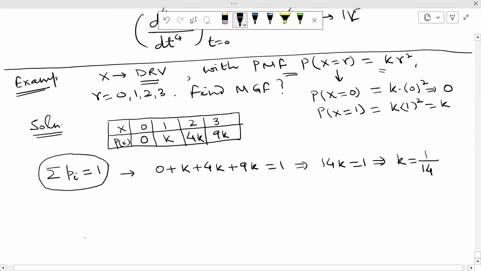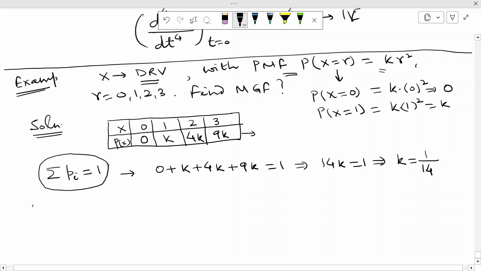So this is the value of k, the unknown involved here. Once we have this value, we have a numerical value of the probability for each of the possible values of our random variable.